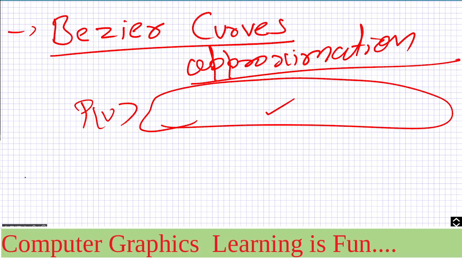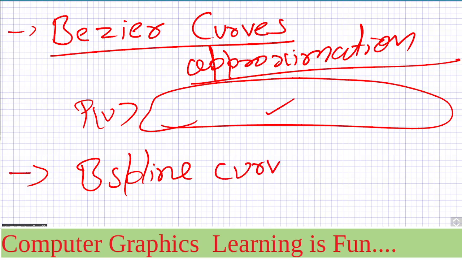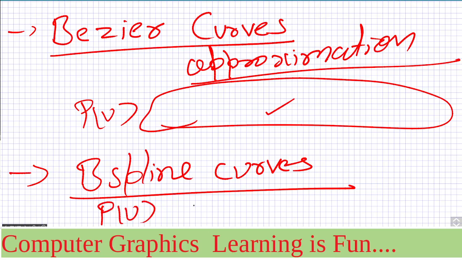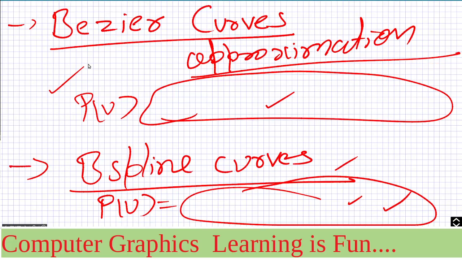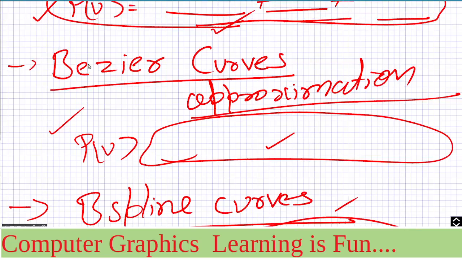What they are saying is, in place of Bezier curves, you can use what we call B-spline curves. They will also have an equation, but the results coming from B-spline curves look more realistic, more beautiful than the Bezier curves. Both are approximations.